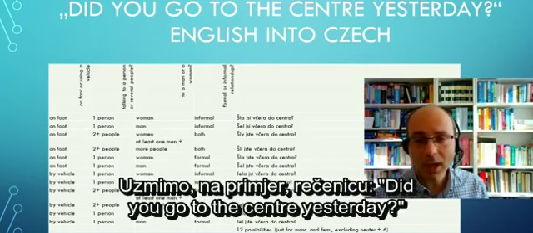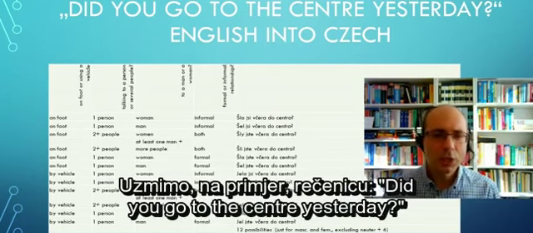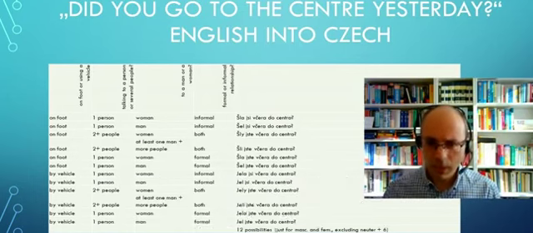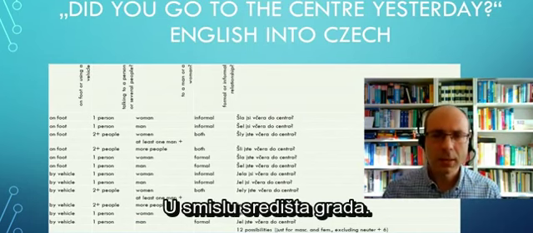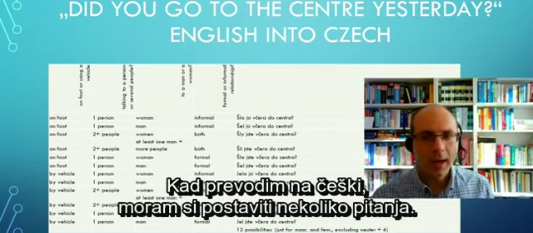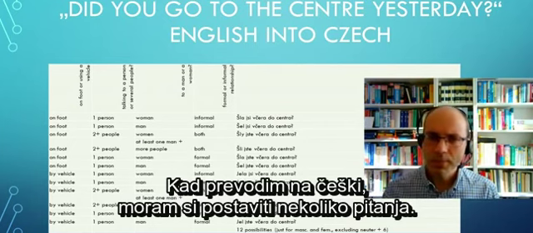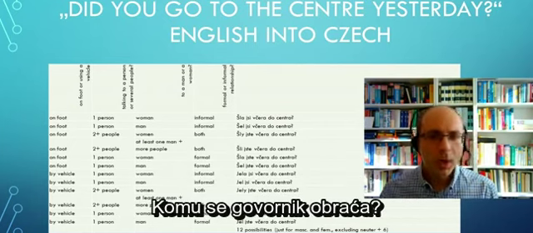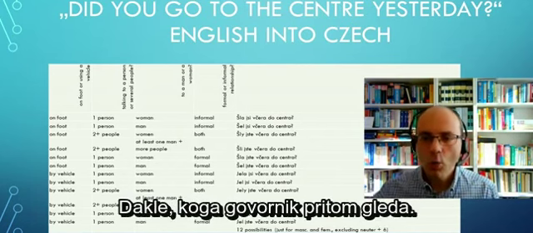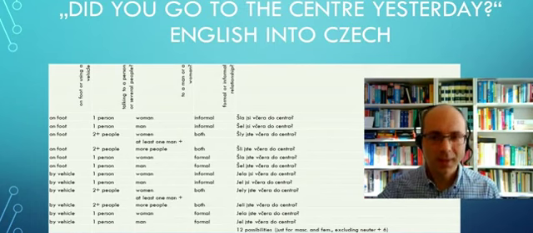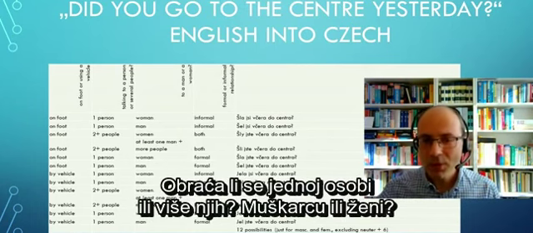Let me give you an example. Let's take the sentence, did you go to the center yesterday, meaning going to the city center. When I work into Czech, I have to ask several questions. I have to ask who is being spoken to. In other words, I have to see who the person speaking is looking at. Is it one person or several people?